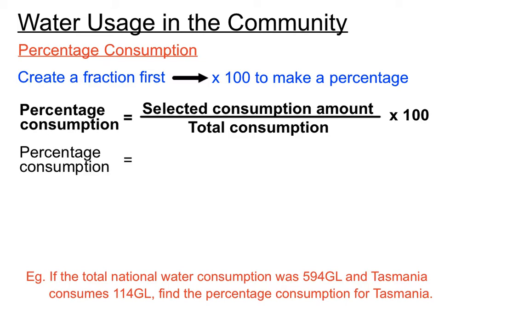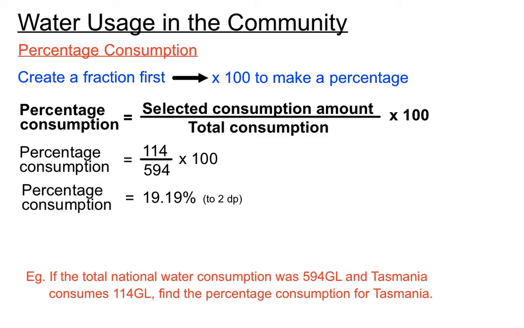So the percentage consumption, the selected consumption amount we're after, that's the one for Tasmania, is 114 gigalitres, and the total consumption quoted was 594 gigalitres. So that's our fraction. We'll turn that into a percentage by multiplying by 100. On our calculator that'll turn out to be 19.19% if we round it off to two decimal places.